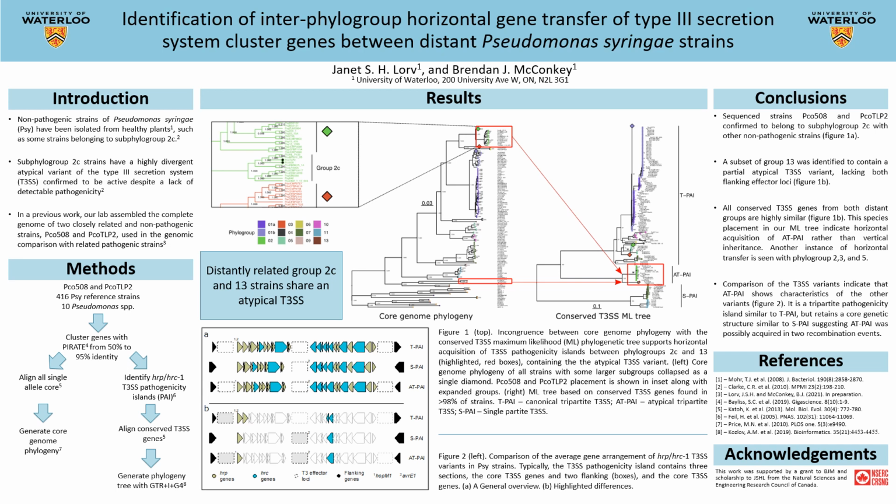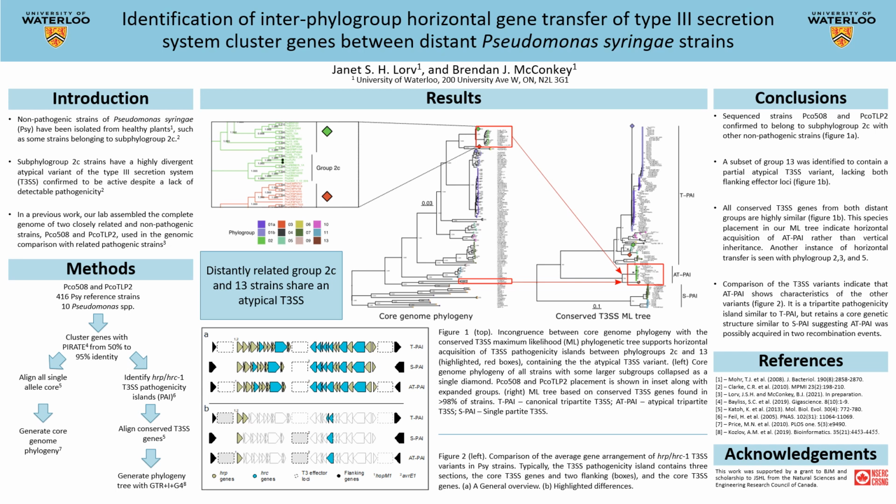We also analyzed the genetic structure of the secretion system variants by observing the gene arrangement of the pathogenicity islands that encode them. This is summarized in figure 2, which is the bottom figure of the results section. From this, we can see that the atypical variant seems to have more hybrid characteristics between the two other variants. Despite the fact that it has a tripartite arrangement, where usually a core loci is flanked by an effector loci, the core loci of the atypical variant shows more similar characteristics to the single partite variant than the canonical tripartite variant.